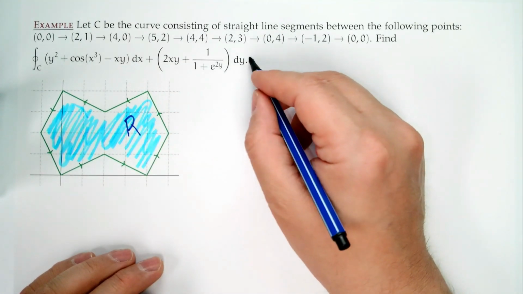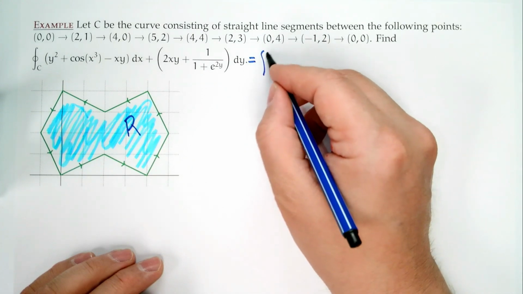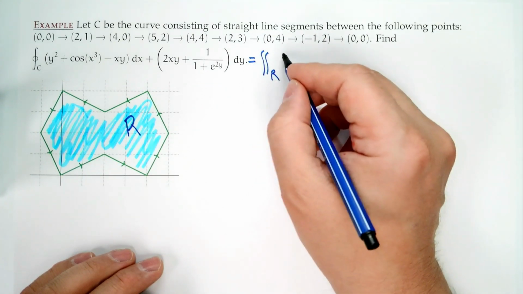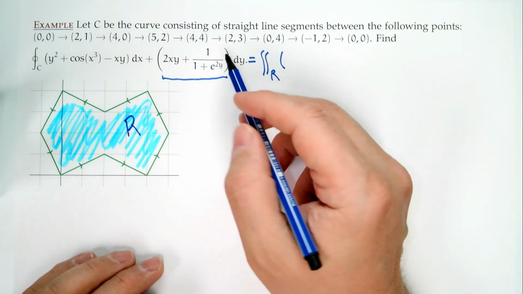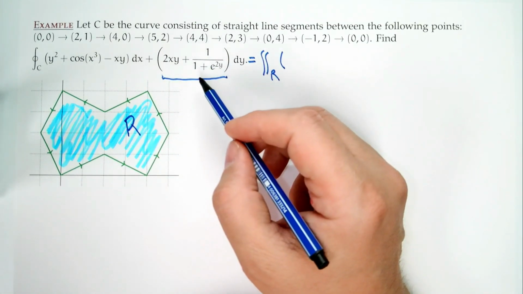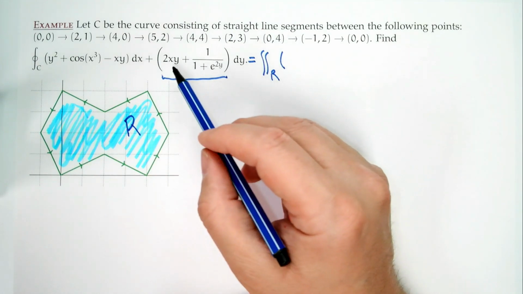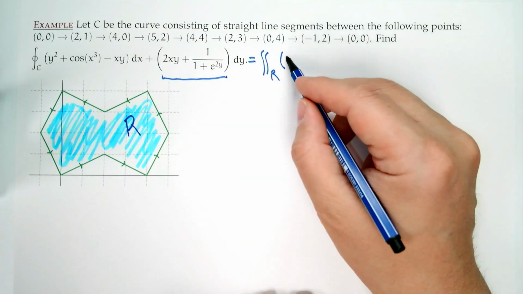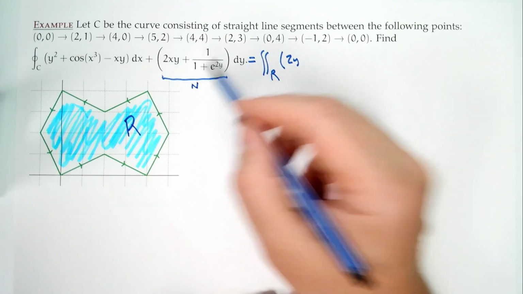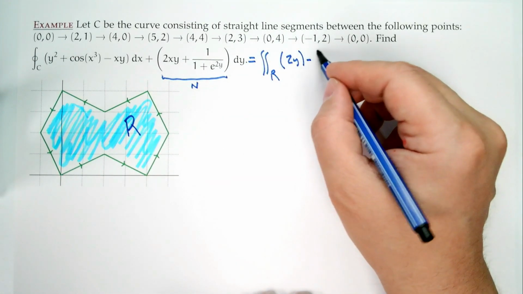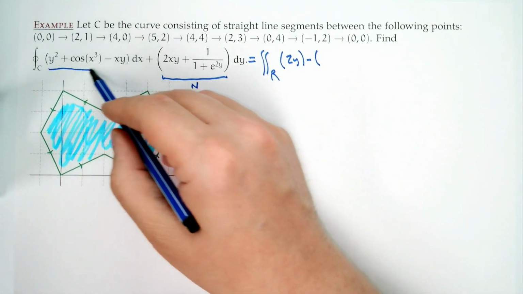According to Green's theorem, this will be the integral over our region of N sub x. So take the derivative of this term with respect to x. Well, we'll get 2y and then 0, because there's no x there. All right, subtract. Now come to our next term.